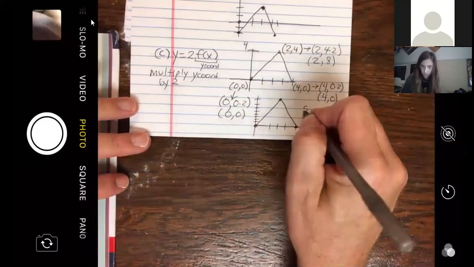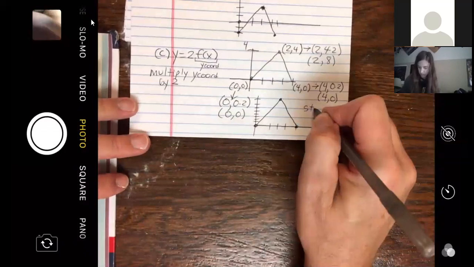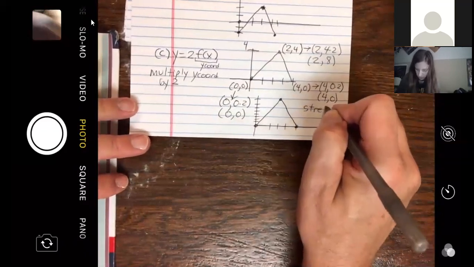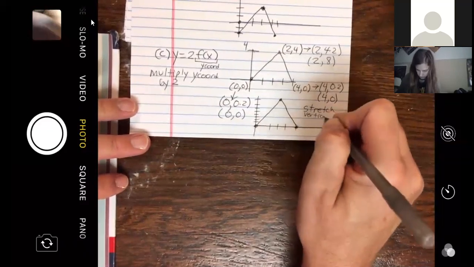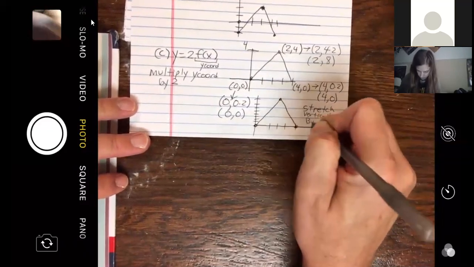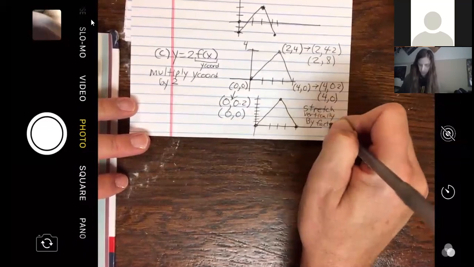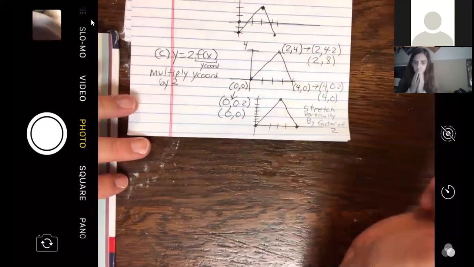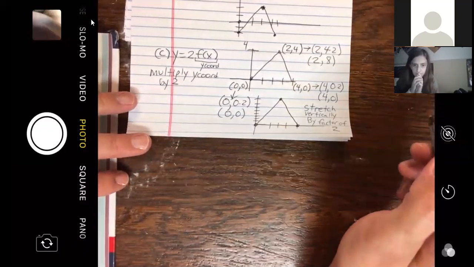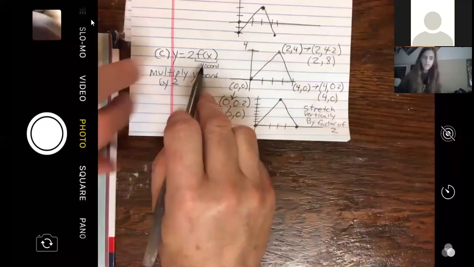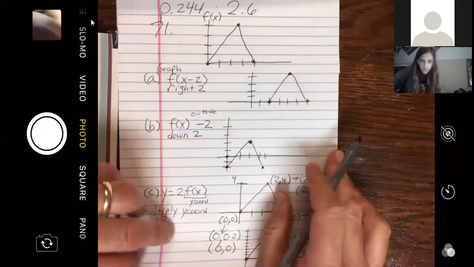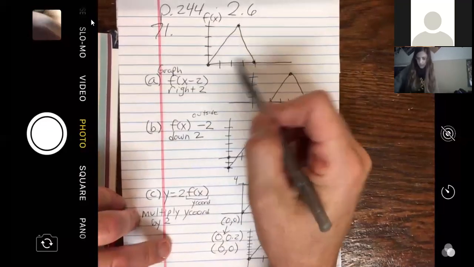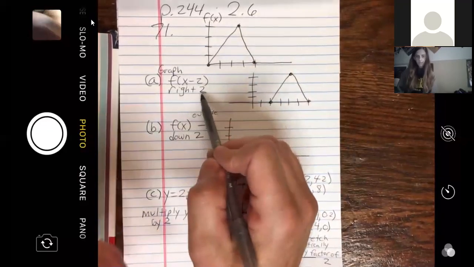It's like you got stretched upward by 2. They call this a vertical stretch, stretch vertically by a factor of 2. With multiplies like this or even divides, I write the coordinates. You really don't have to write the coordinates when you're going up, down, left, or right.